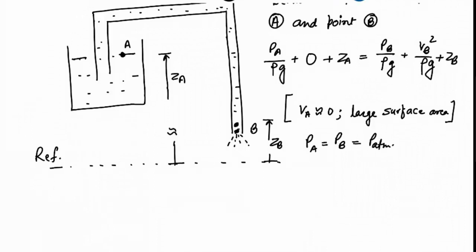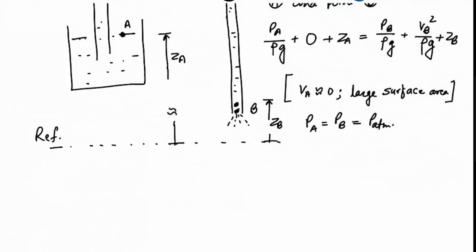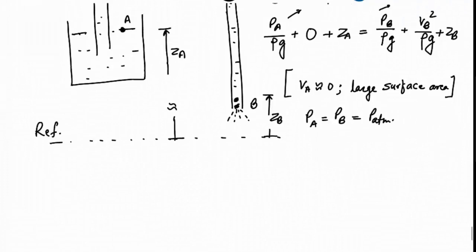So we can write something like this. This means this term and this term cancel out, as PA and PB are the same. So we can write ZA is equal to VB square divided by 2g plus ZB.